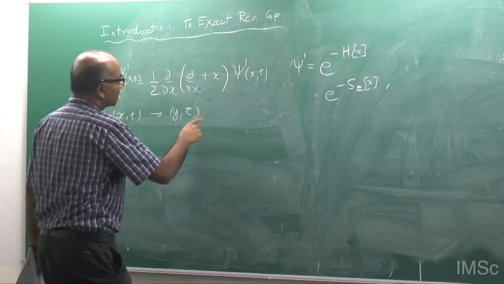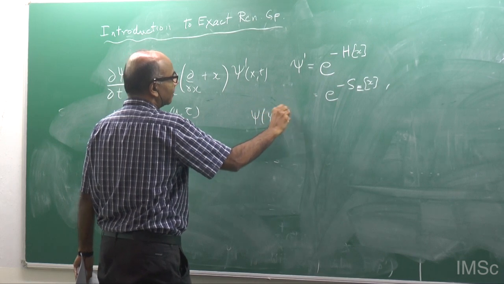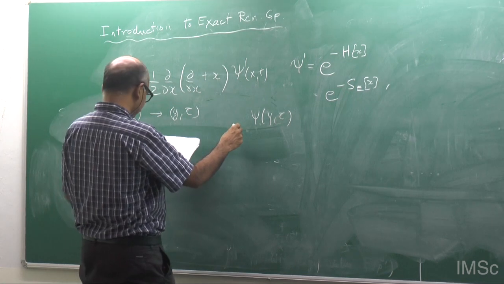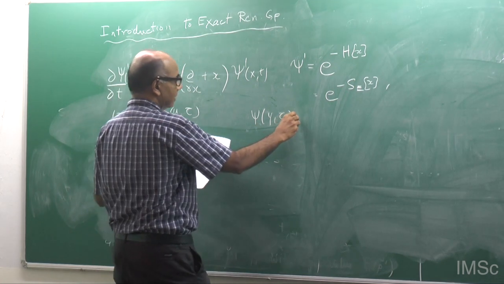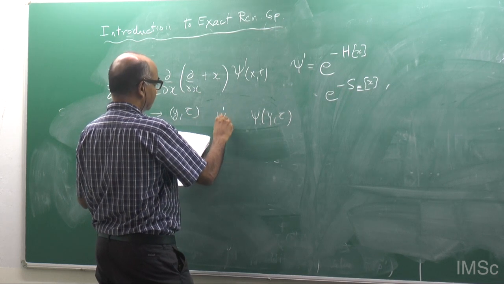So you'll go from a wave function as a function of x and t to some wave function as a function of y and tau. It's also convenient to rescale this, so you will write psi prime.